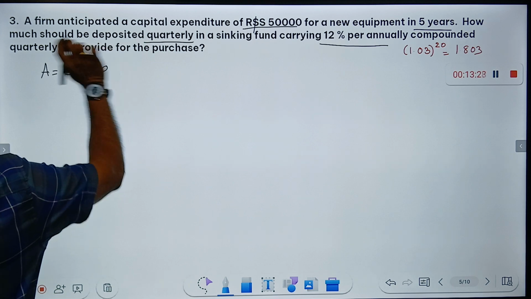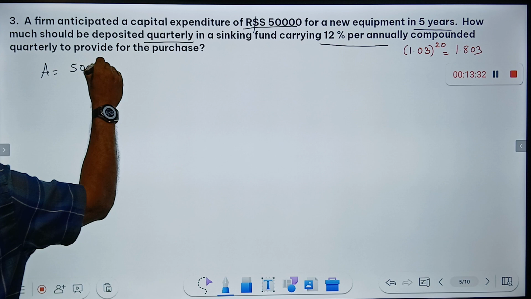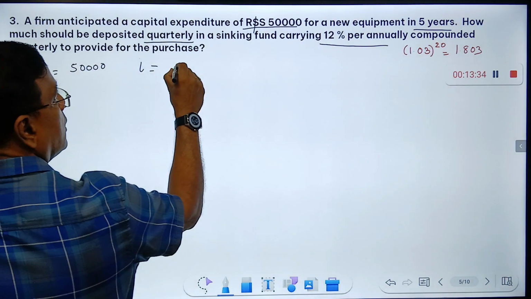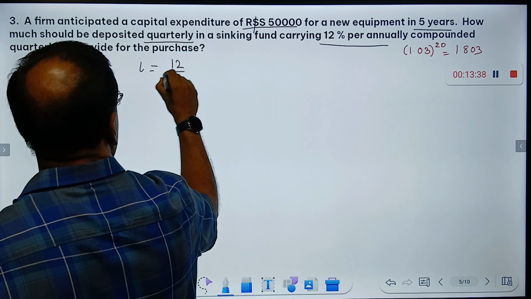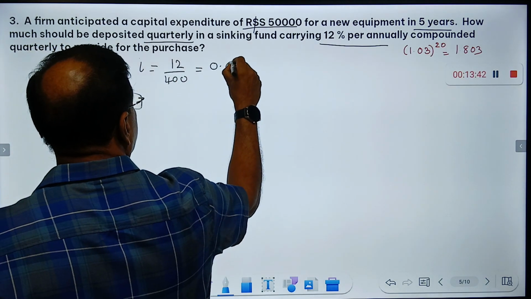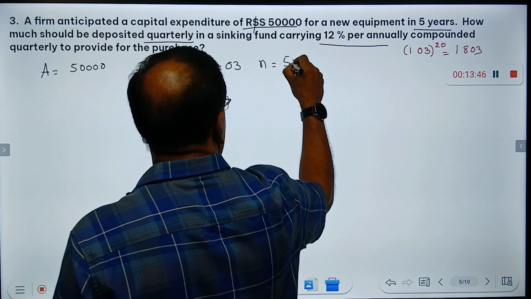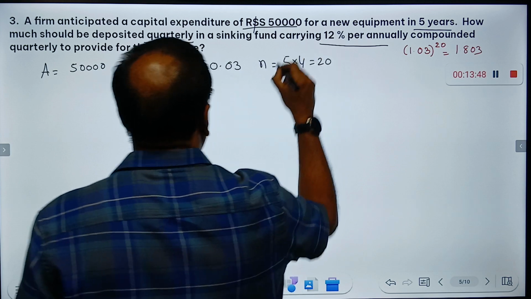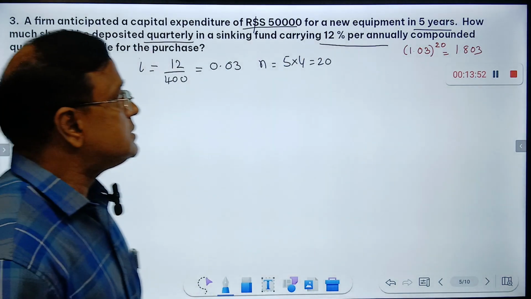50,000. Amount is 50,000. What is the interest rate? It is quarterly, right? So 12 by 400. So it will be 0.03 and n will be 5 into 4, that is 20. Now here also he has not mentioned whether it is at the end or beginning.